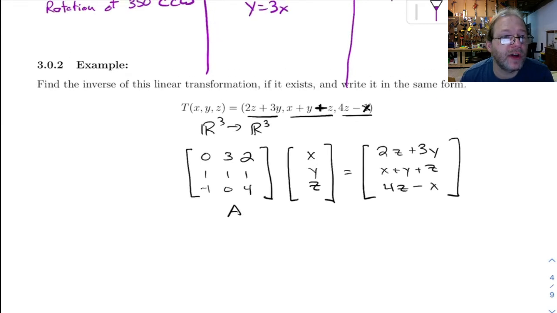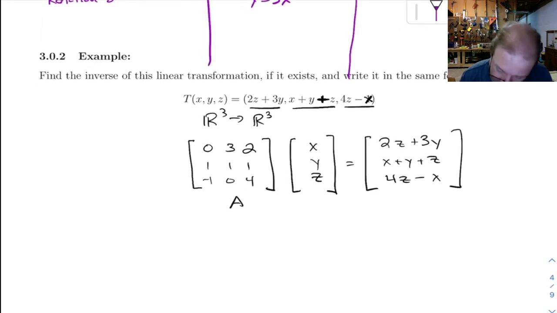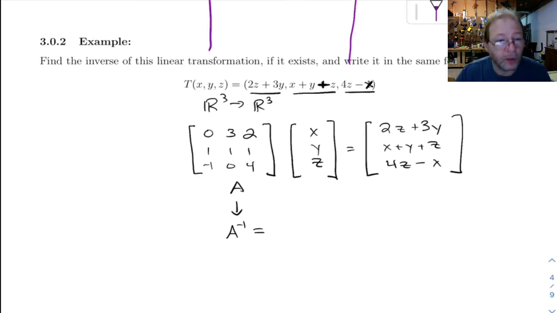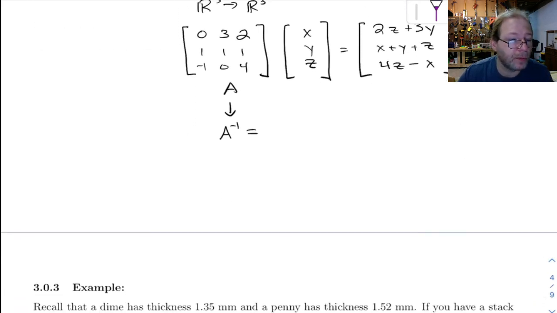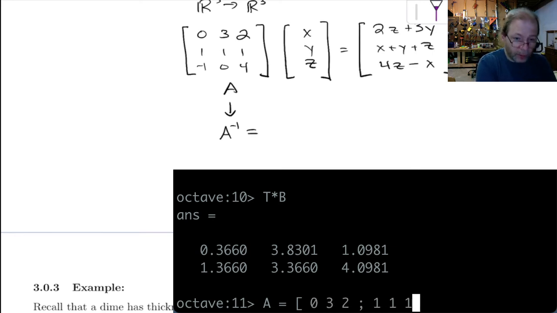So we're supposed to find the inverse of the linear transformation. Well, from there, we need to find A inverse. And we know how to do that, but I'm going to use the computer to do it. A is 0, 3, 2, 1, 1, 1, negative 1, 0, 4.